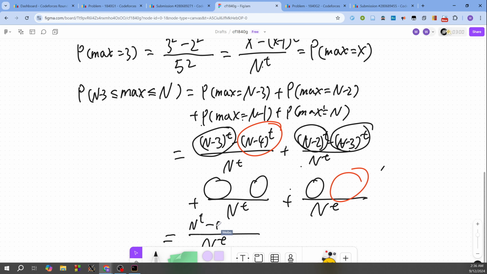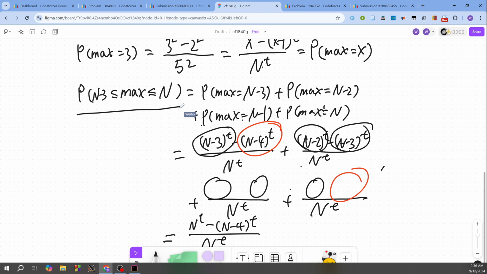So the probability that we roll into the largest four numbers is this number.